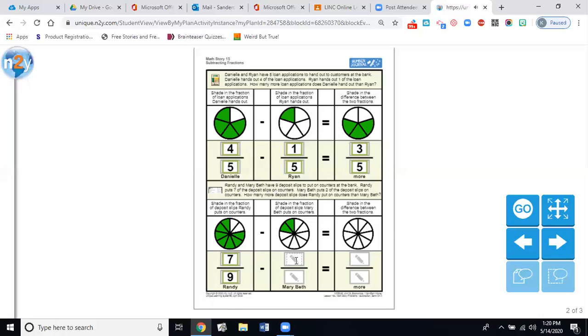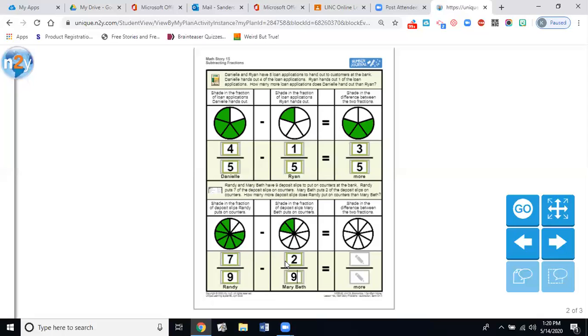Okay, so how many did Mary Beth put on the counter? 2. And it said that there are 9 altogether, so hers is the same, 9. Okay, so here we're going to say 7 minus 2.